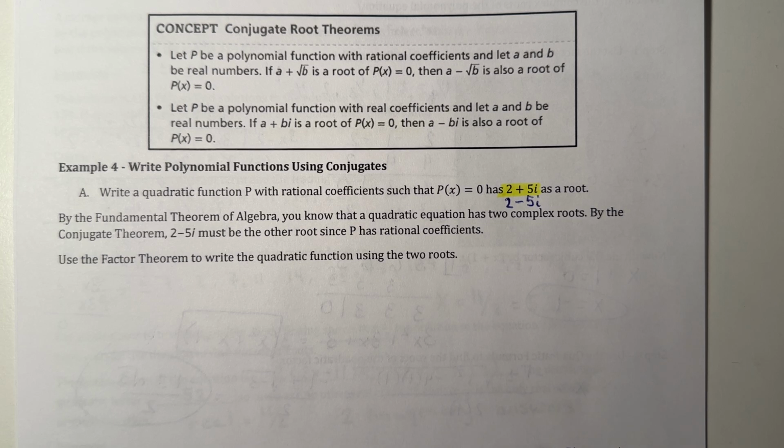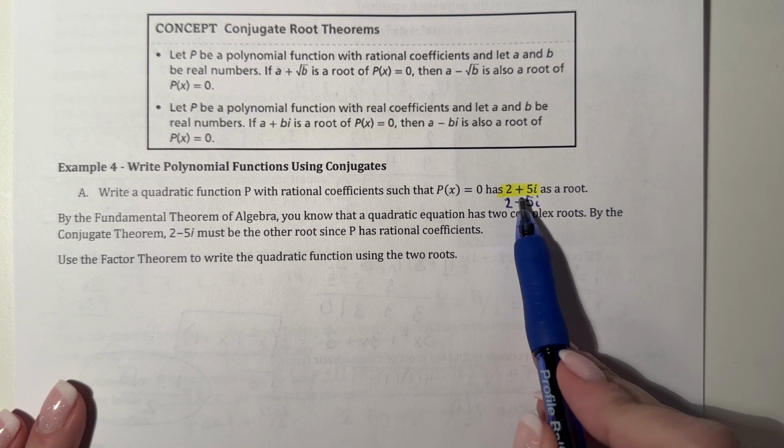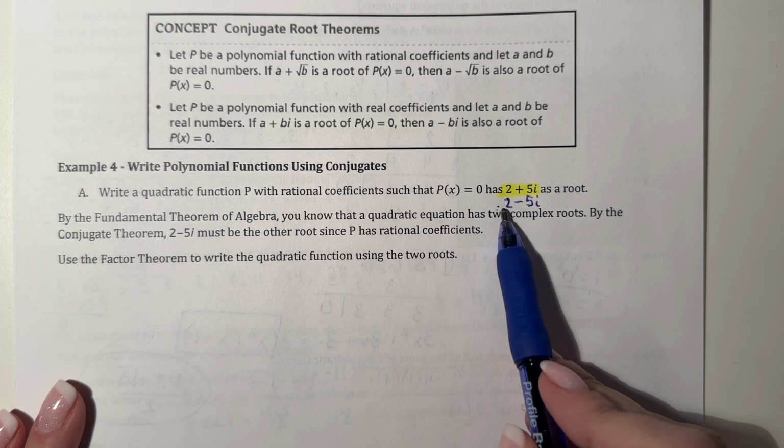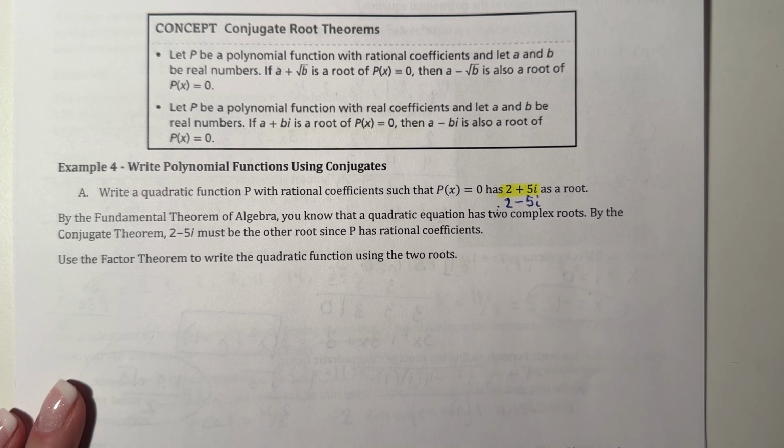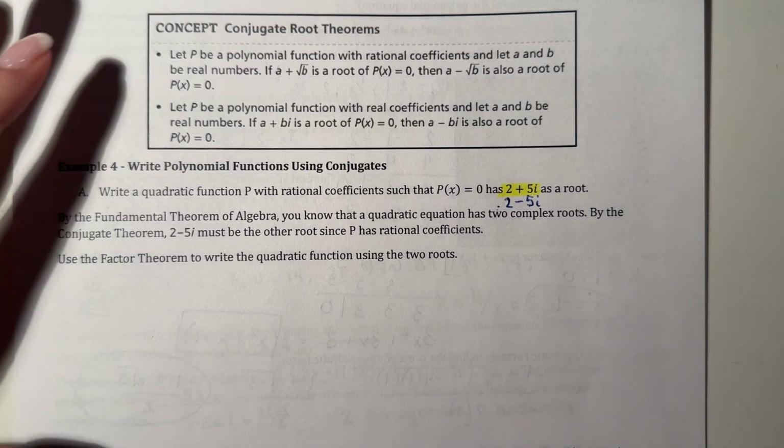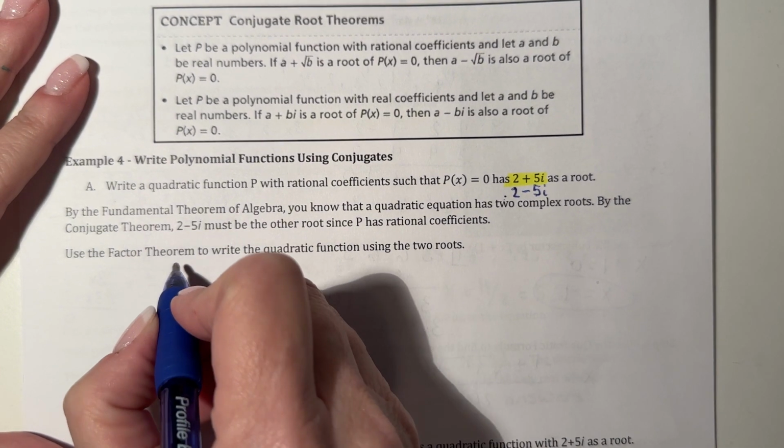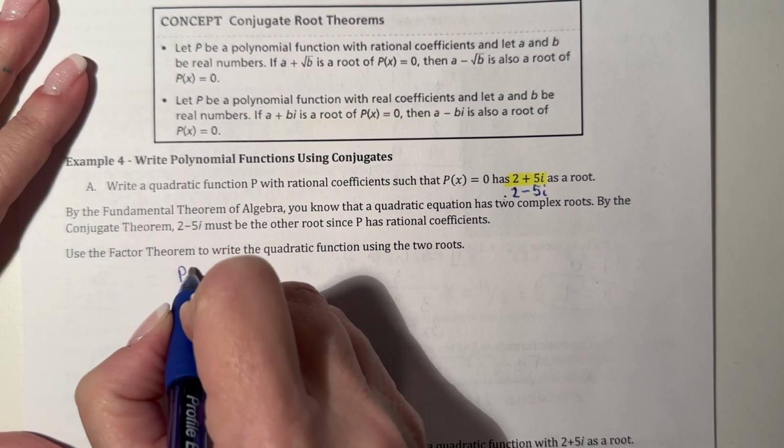A trick that you as a student just have to know and be looking for, because you know that your imaginary roots always come in pairs. Now, when you're doing this, make sure that you don't change both signs. You only change the sign in front of the imaginary piece. Okay, so we've got our 2 roots. Here comes our fun algebra part. So you're going to write p of x.